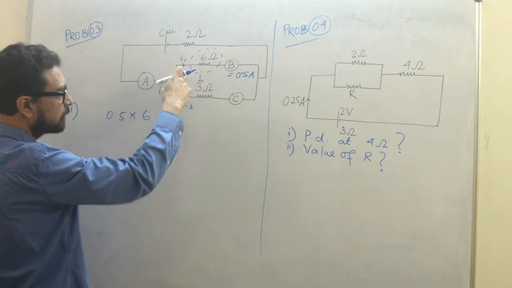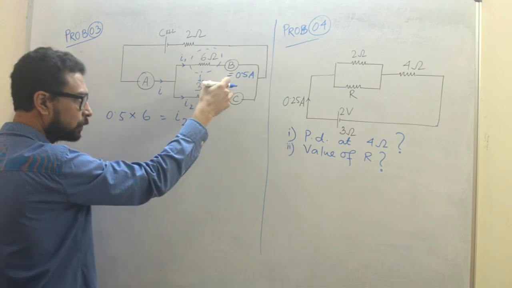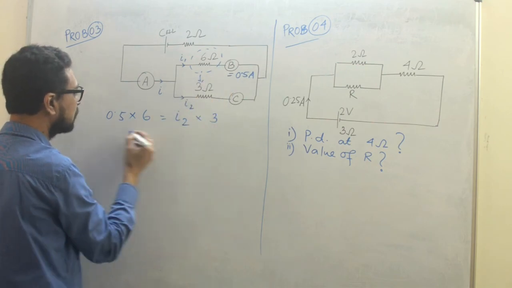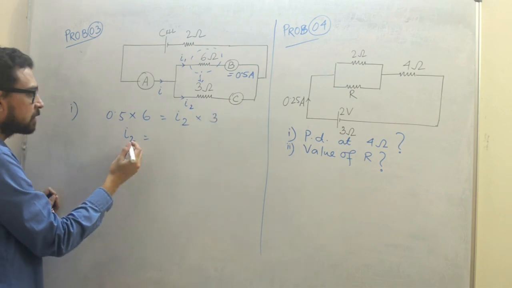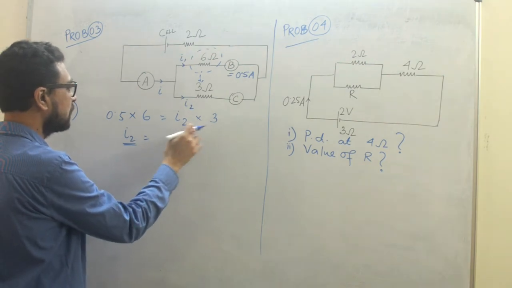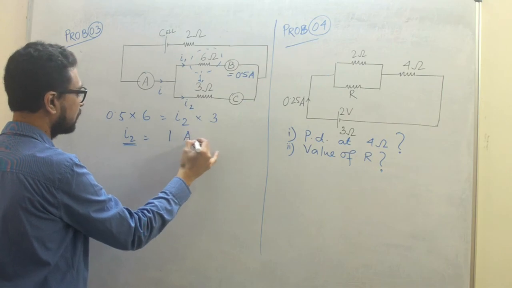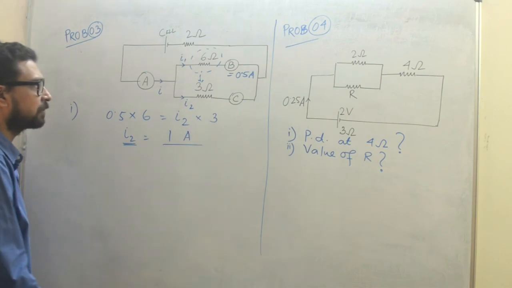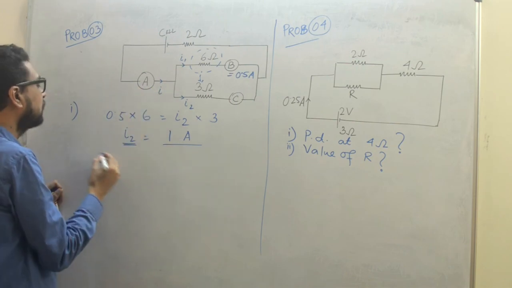This potential drop is equal to this potential drop, I2 R2, that is 3. So I can easily fetch the reading of C, I2. This is the reading of C, and that is equal to 1 ampere.